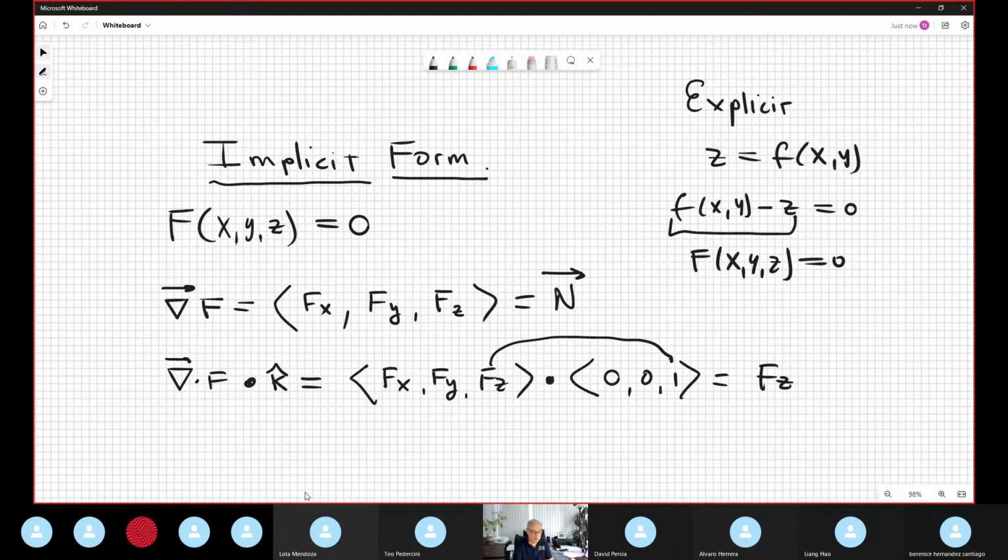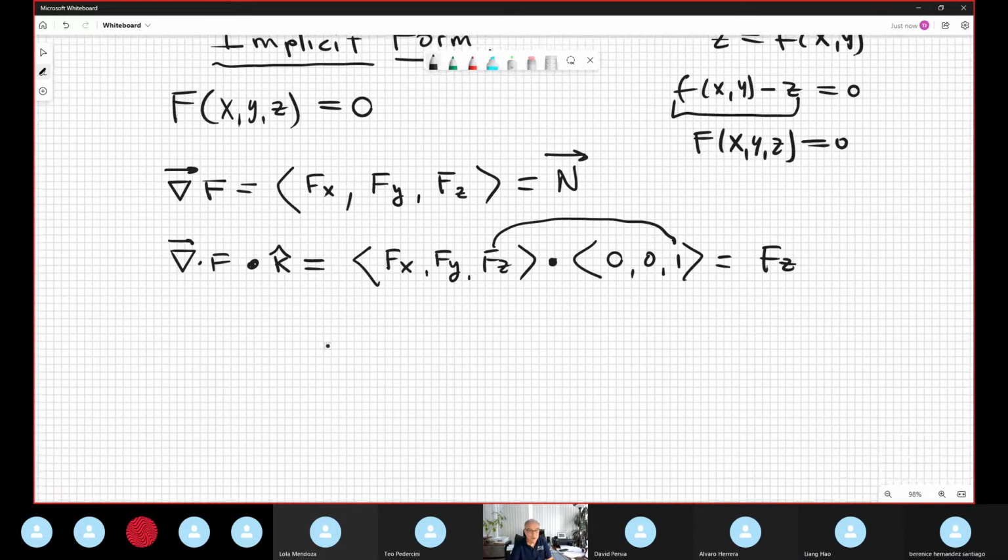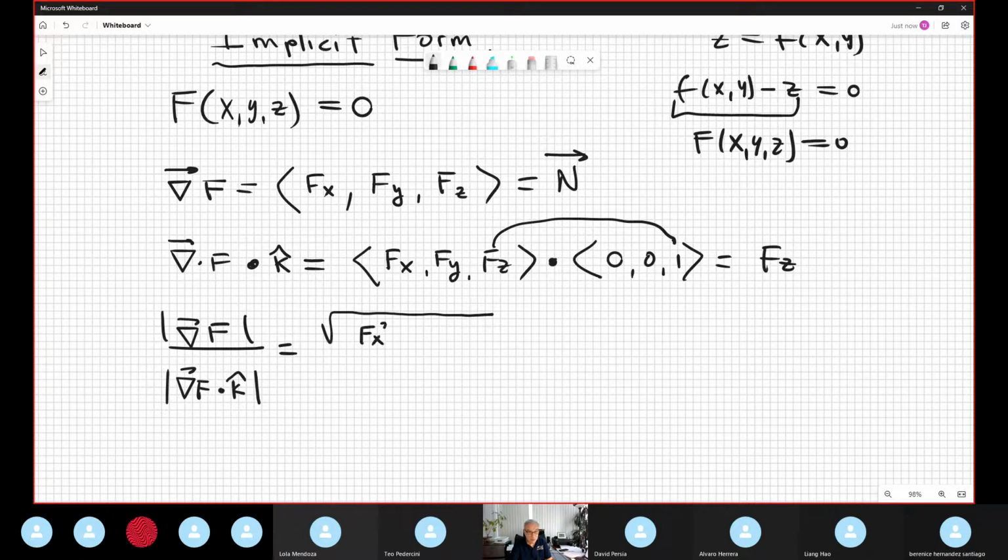Okay, therefore, if you take the gradient again and divide it by the magnitude, or not magnitude because actually it's a scalar, but normally in the book it's called like that, the magnitude of the gradient of F, dot product k. Let's see what happened. The magnitude is the square root of Fx squared plus Fy squared plus Fz squared, divided by Fz.